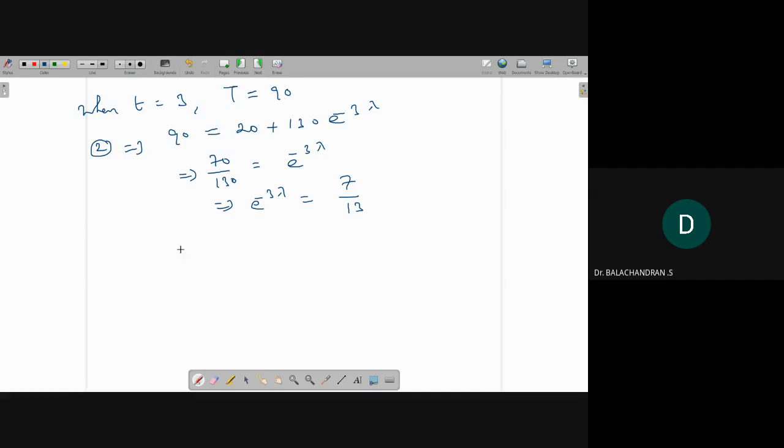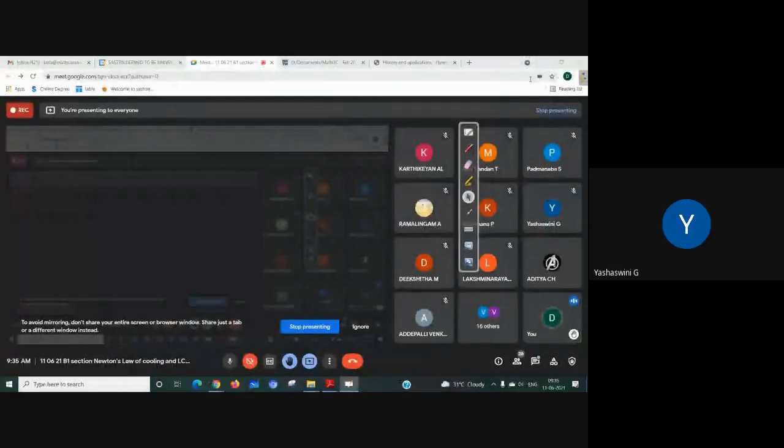So anybody got the answer? e power minus lambda whole power 3 equal to 7 by 13. I am waiting for your answer. Please check it carefully, Dikshita and Yashashwini.